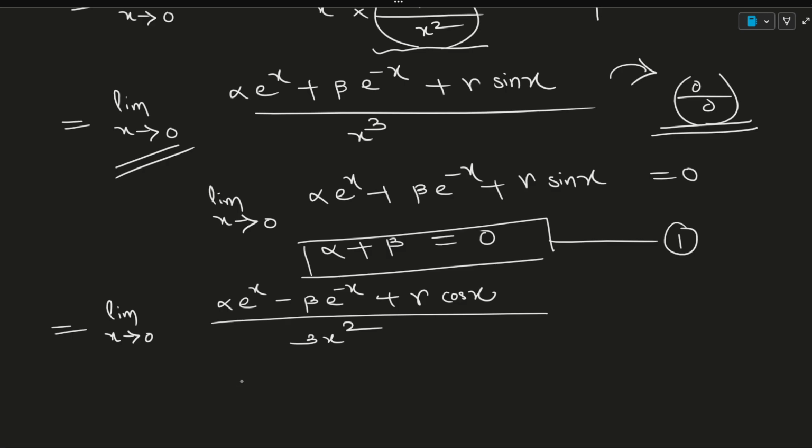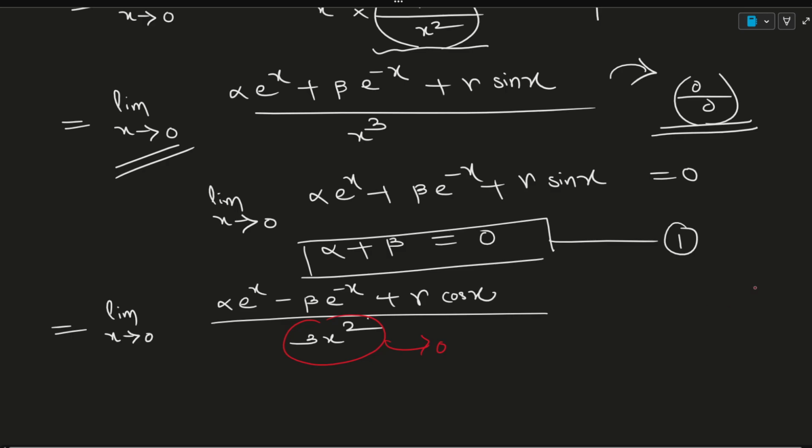Now again we will check: when x tends to 0, what will happen to this function? We can clearly see that the denominator tends to 0.